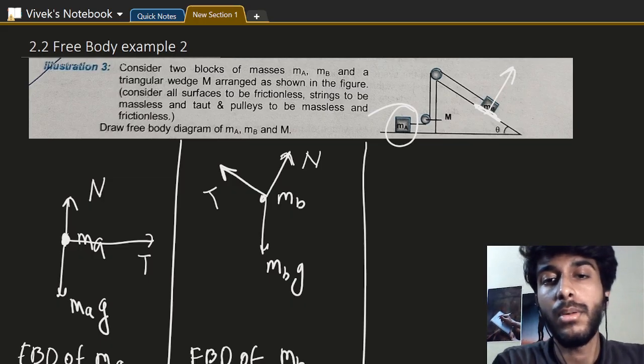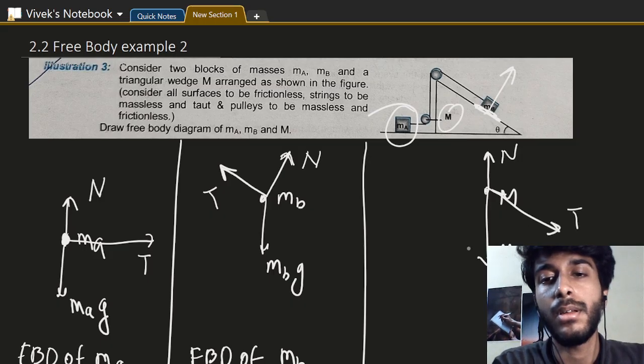Similarly, if we talk about the capital M, the wedge, so capital Mg in downward direction, normal reaction by earth, tension T by string, this part of a string, and another part of string is attached to it.